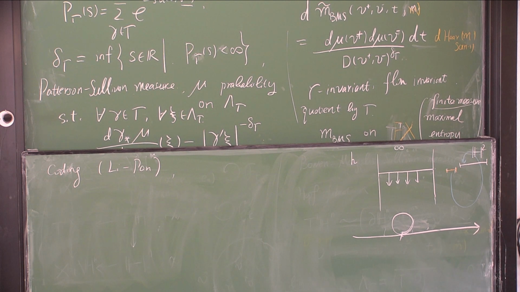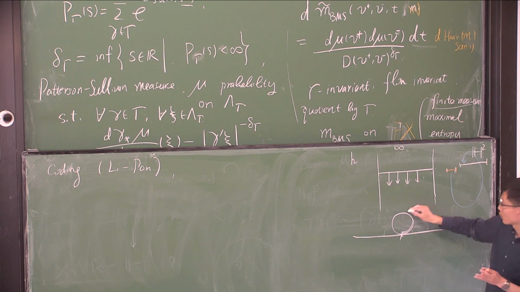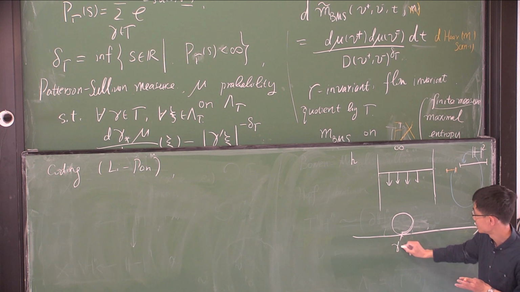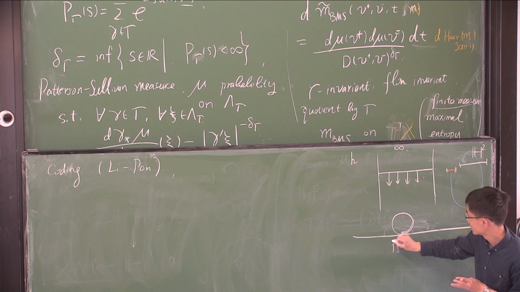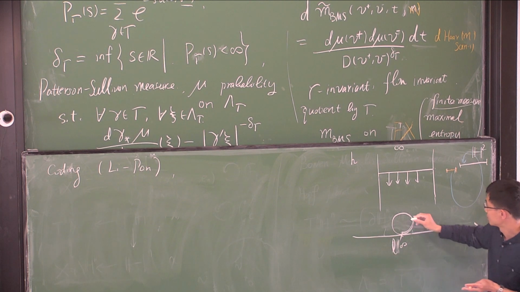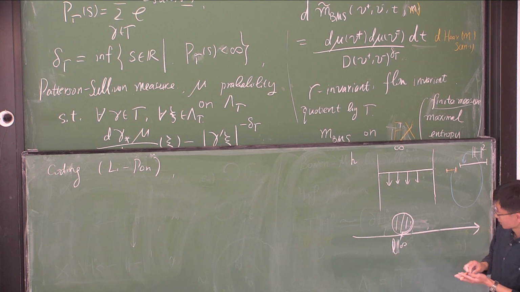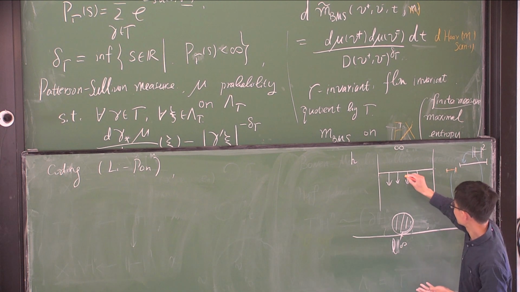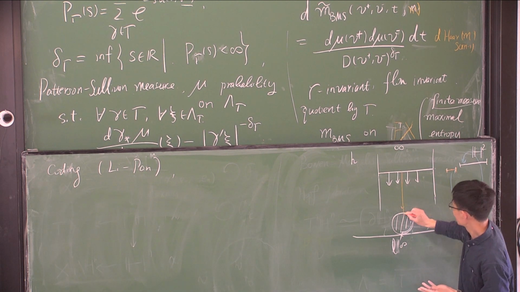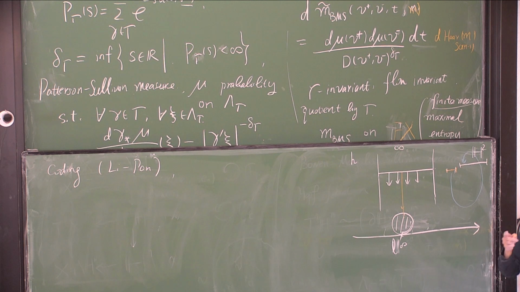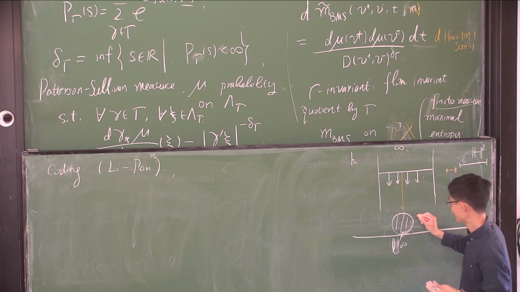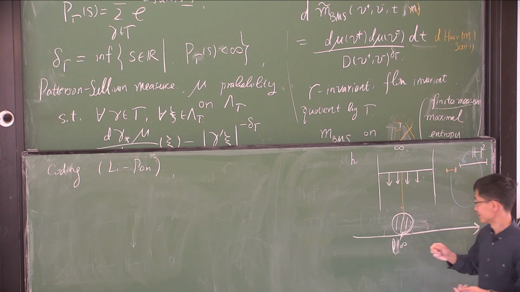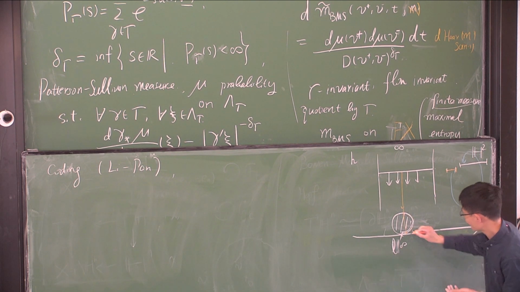It's like the other lifts of the cusp. So it gives you some horoball like this. This is some element of gamma applied to H infinity, something here. And this is the cusp. And your flow will go down. Then once it enters this horoball, in the quotient manifold, you will see it enter the cusp. And then you will go out of the cusp. And you go out like this small point here.